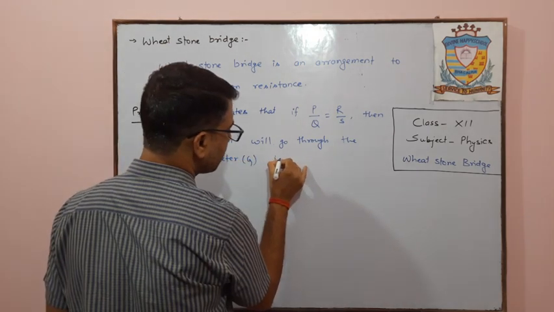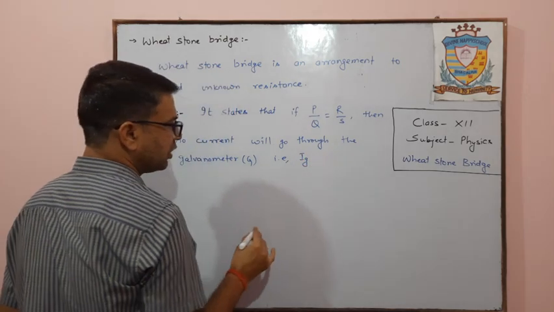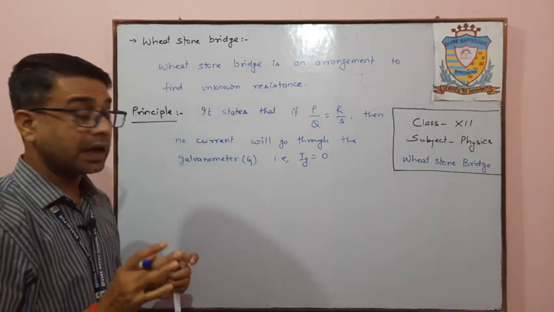That means Ig, that is the current through the galvanometer, is equal to 0. So first we will see the diagram.